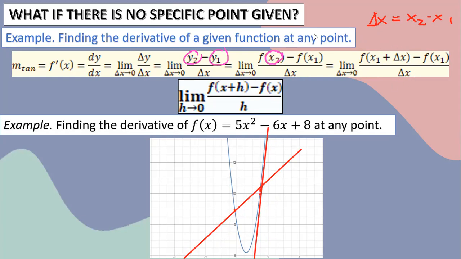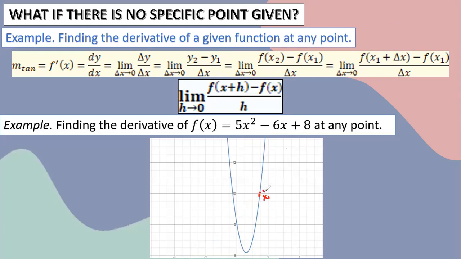So we just have to get the limit of the f of x sub 1 plus small change in x. So for example, ito yung x sub 1 natin. Adan ko ng napakaliit na change.